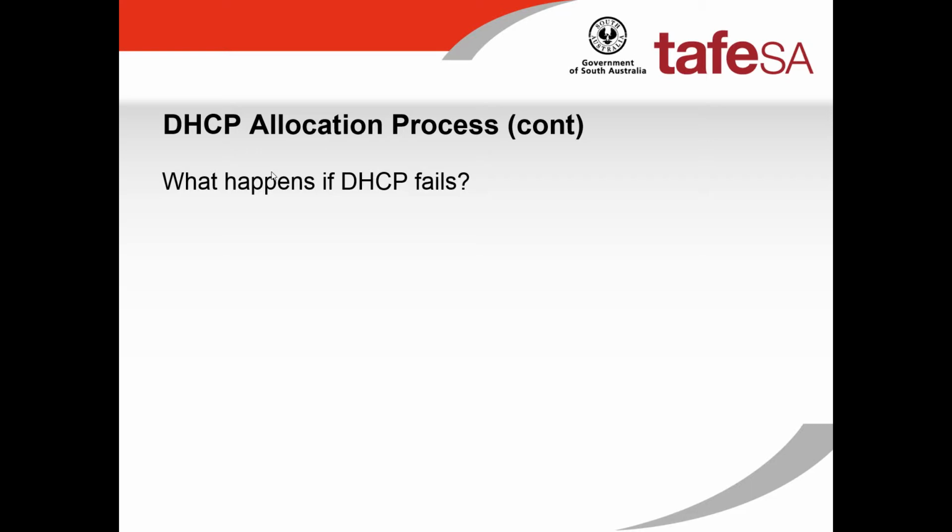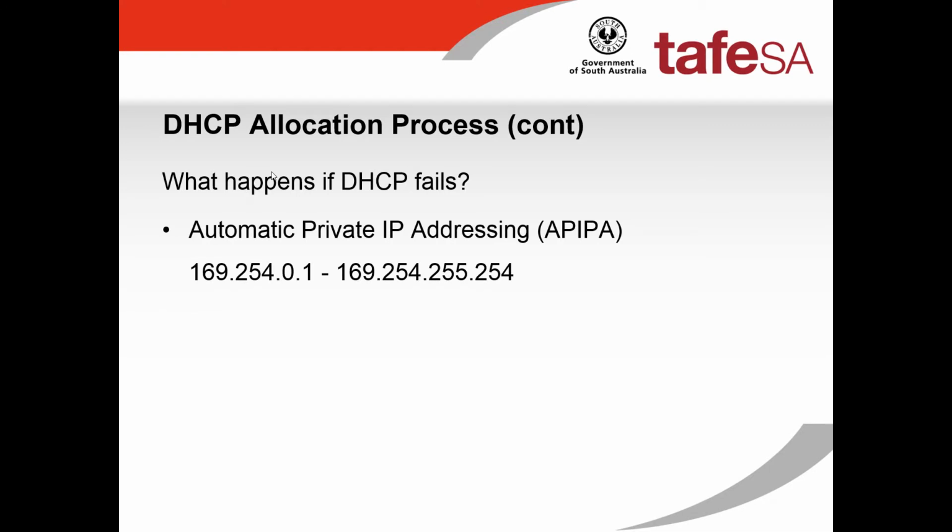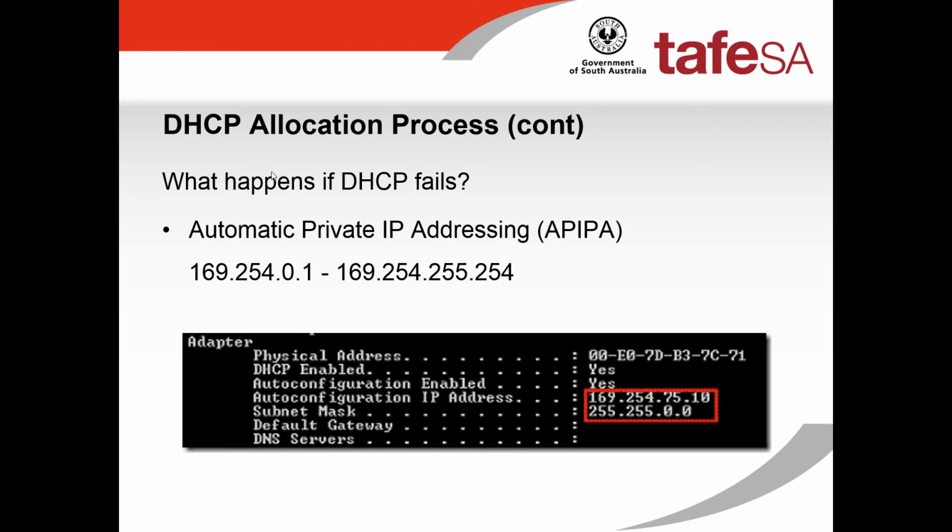This IP address is a special address, automatic private IP addressing, otherwise known as an APIPA address. This is a Class B private IP address to establish basic network connectivity and to allow basic Windows services to run.